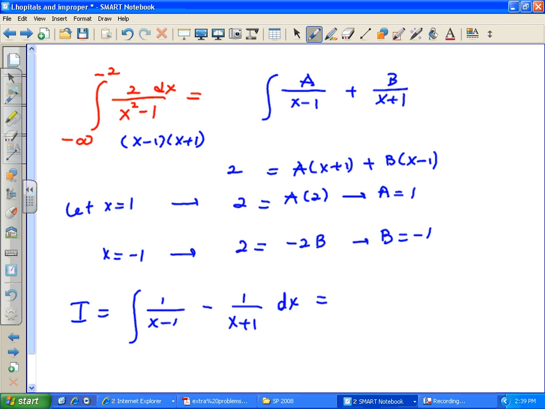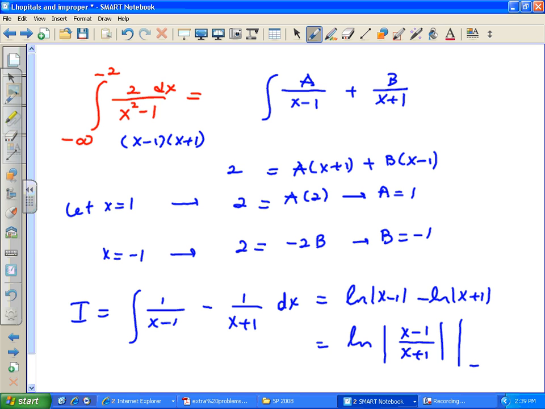Now integrating each one of these is very straightforward, right? First one is ln of the absolute value of x minus 1, the other one is ln of the absolute value of x plus 1. And I can rewrite this as a single logarithm of x minus 1 over x plus 1.